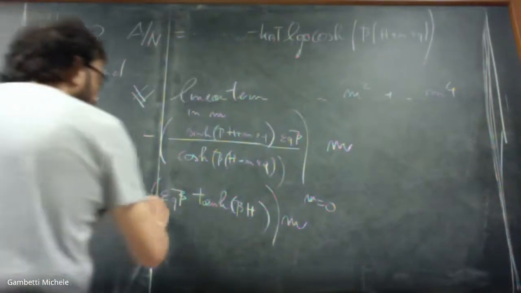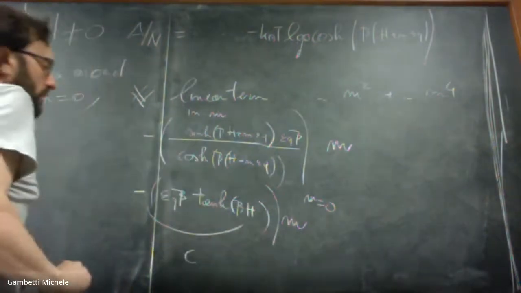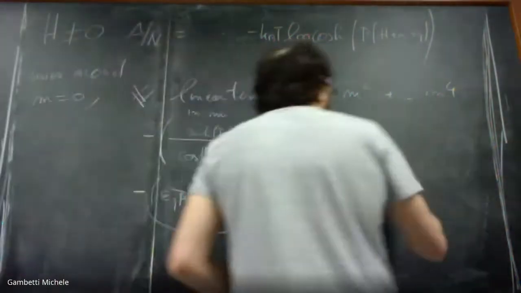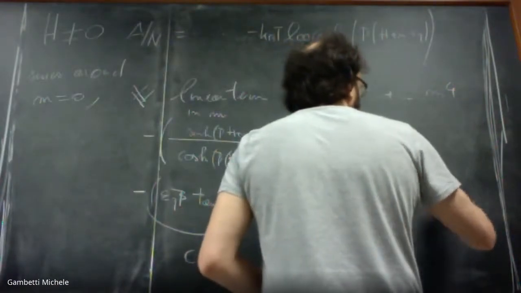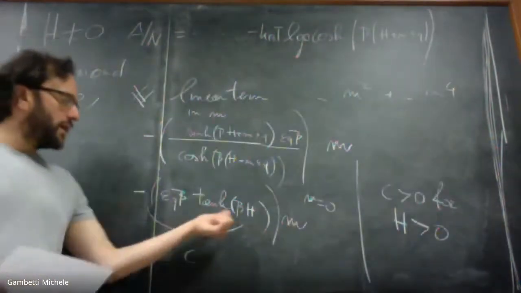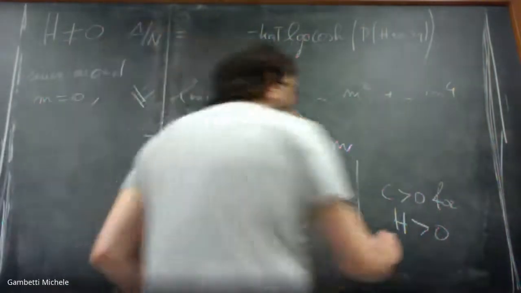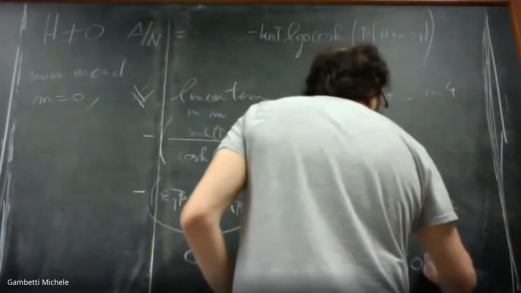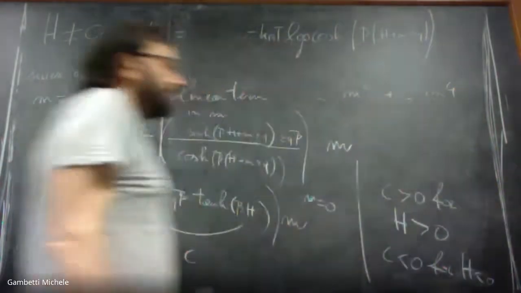So if I call these terms C, C is positive for H positive, because it has the parity of the hyperbolic tangent, whereas C is negative for H negative.